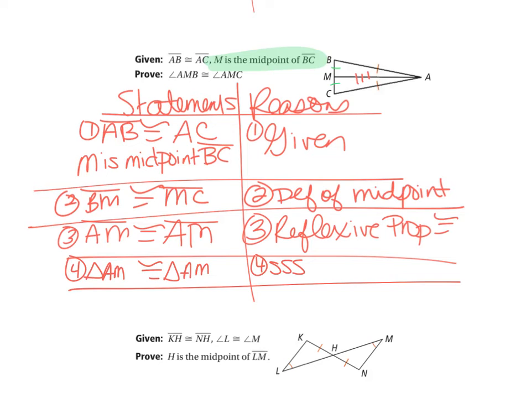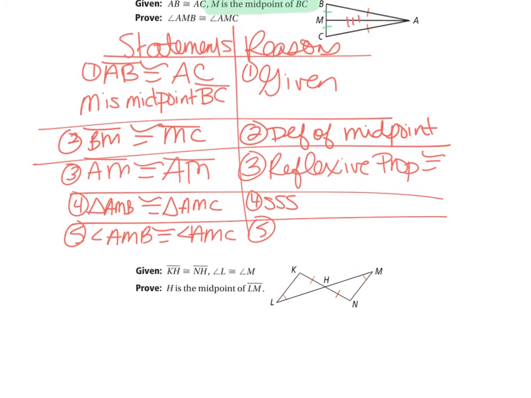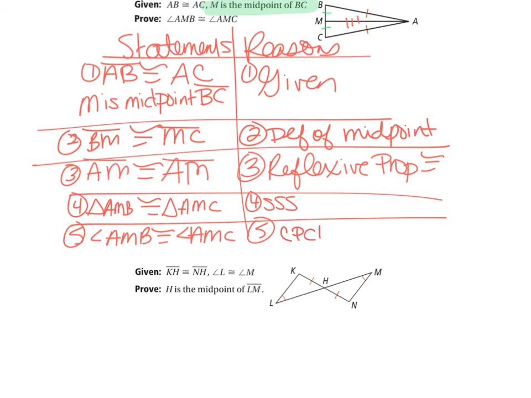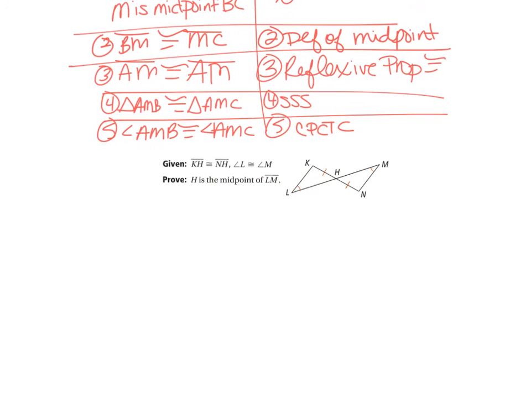And the last one is going to be the outside, so B and C. So AMB and AMC. So we've said they are congruent, so that means what they wanted us to prove, angle AMB is congruent to angle AMC. Okay, and so that's going to be the congruent parts of congruent triangles are congruent.